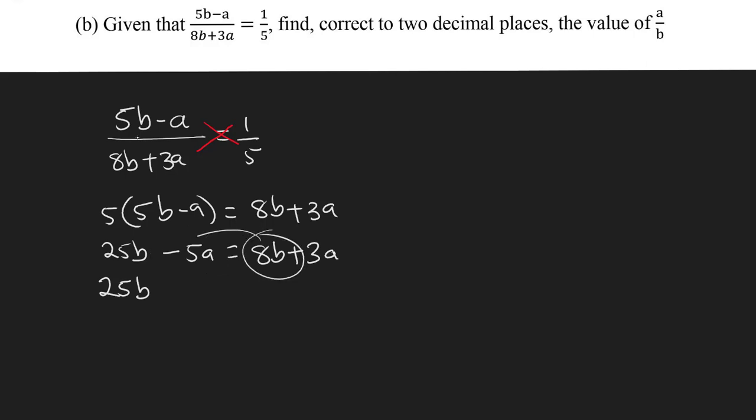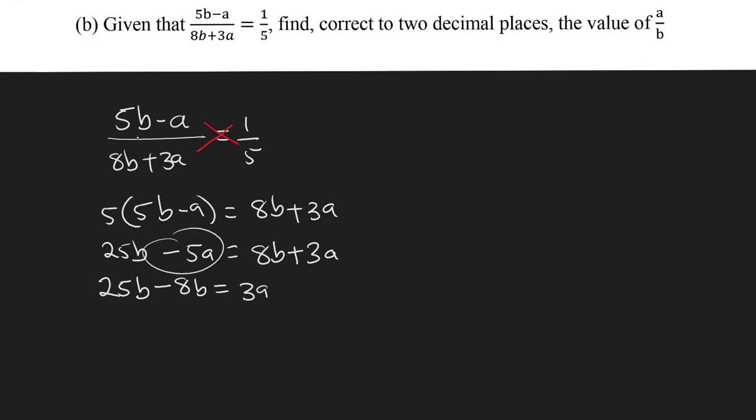Then 8b comes to meet its brother 25b. Any number with an invisible sign is actually positive, so once 8b crosses the equal sign, the positive sign changes to negative. Minus 8b is equals to 3a.